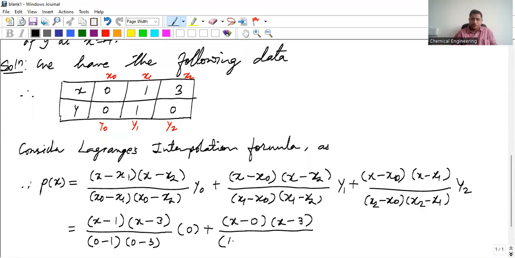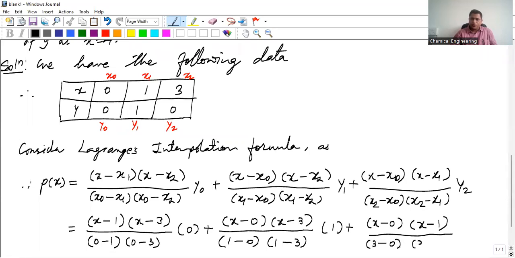So x1 is going to be 1. So 1 minus 0 and 1 minus 3, and y1 is 1, plus here we'll be having x minus 0, x minus 1. Okay, this is what we have here. Now see, this is x2. So it is 3 minus 0 and 3 minus 1, and the value of y2 is going to be 0.